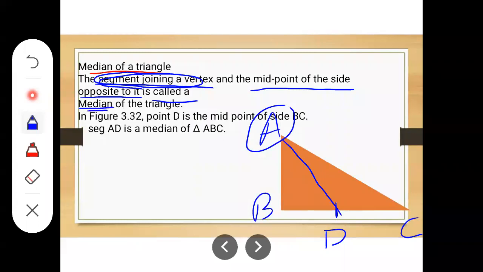Now, which is the median? This is the definition of median. The segment joining the vertex and the midpoint of the side opposite to it is called a median. The question will come for 1 mark or as a multiple choice question. So here that is all given.